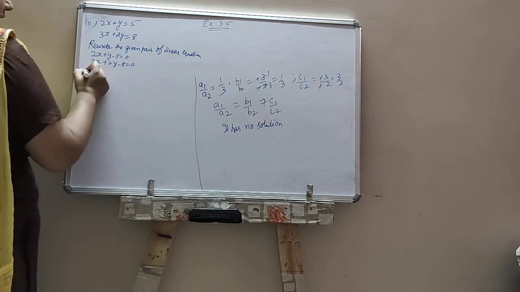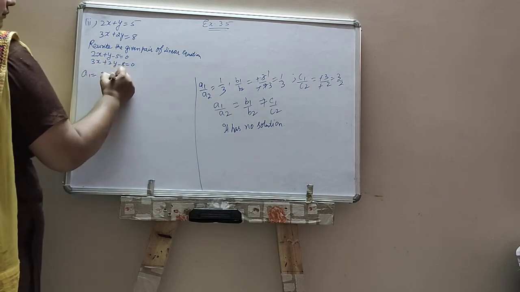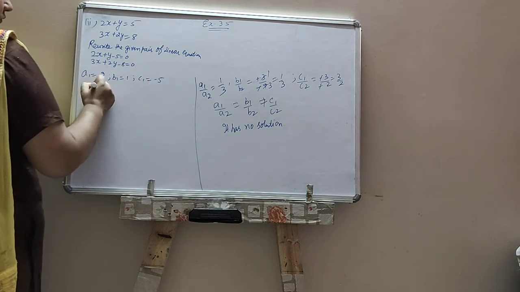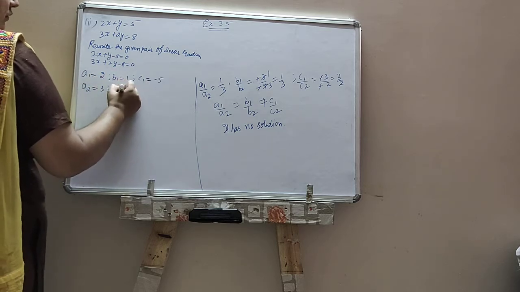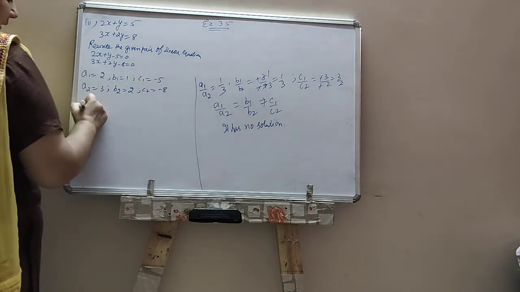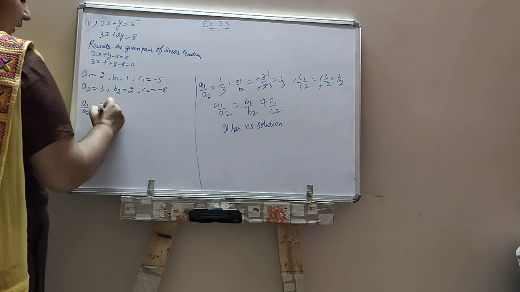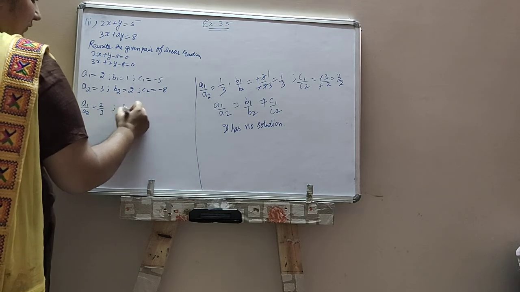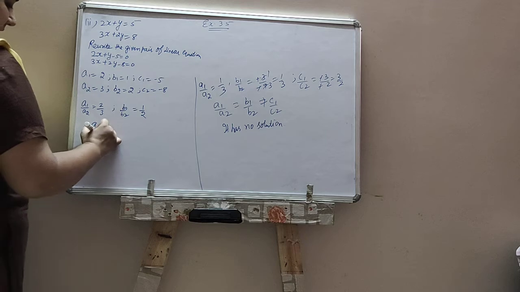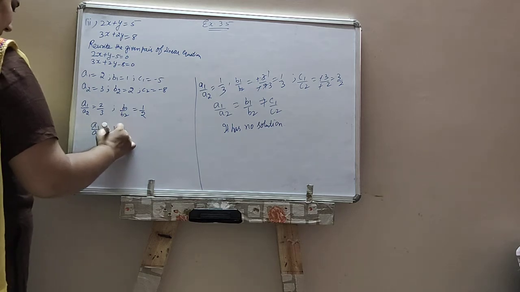So a1 is 2, b1 is 1, c1 is minus 5, a2 is 3, b2 is 2, c2 is minus 8. a1 by a2 is 2 by 3, b1 by b2 is 1 by 2. So a1 by a2 is not equal to b1 by b2.